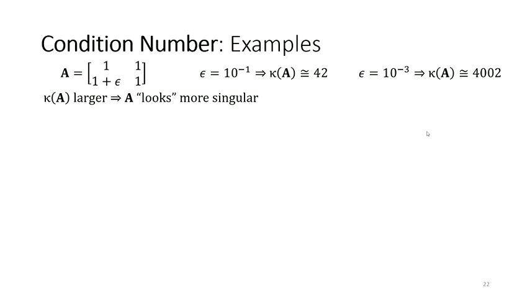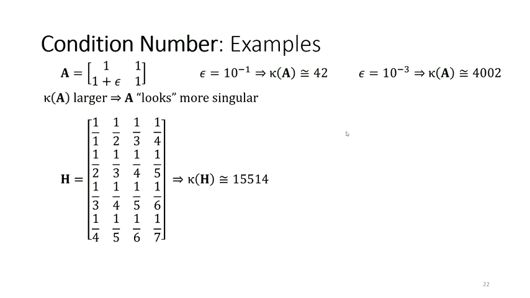Now, this condition number can actually be deceptive. Okay, let's look at this matrix H. Looks like a perfect matrix, right? It's a nice matrix on the face of it. All these coefficients are very different, and they don't look like one is a ratio of the other or nearly close to it.